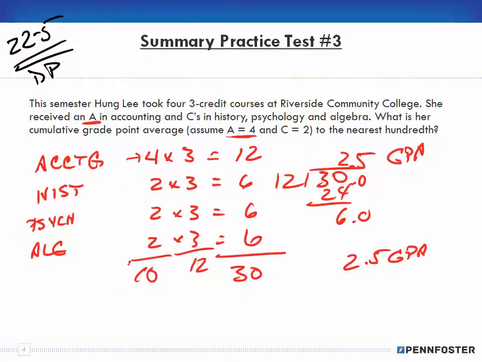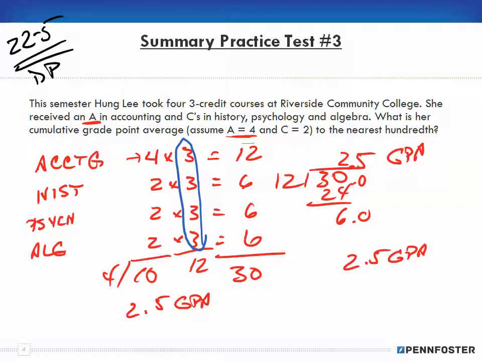You have 4 subjects, so you could have divided the 10 by the 4 and still come out with a 2.5 GPA. The reason is that all of my subjects have the same number of credit hours. So I really didn't have to do all of this multiplication math. All I needed to do was add up the points and divide by the number of subjects because they're all the same credit hours.